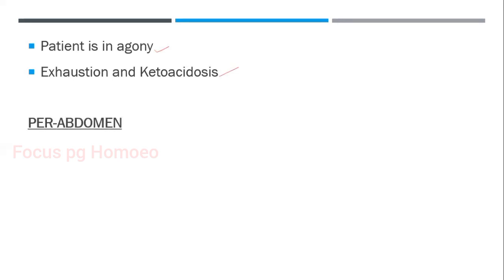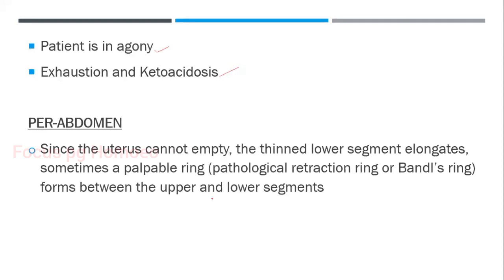And per abdomen, what are the findings in obstructed labor? Since the uterus cannot empty, descent is not happening. The thinned lower uterine segment keeps on elongating because contraction is happening. Contraction is normally happening, but the descent is not. So sometimes a palpable ring, the pathological retraction ring or Bandel's ring, is seen.